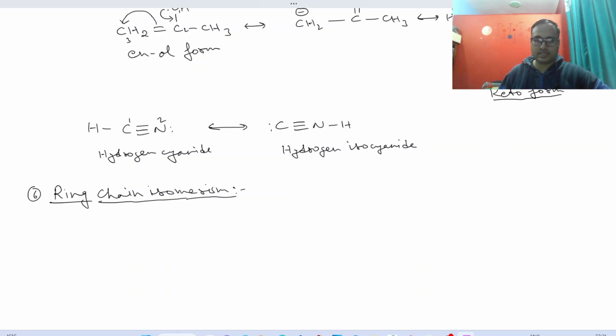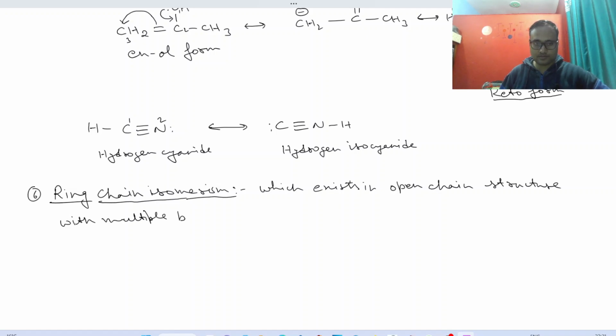This type of isomerism is shown by compounds which exist in open chain structure with multiple bonds, and as cyclic ring structures.